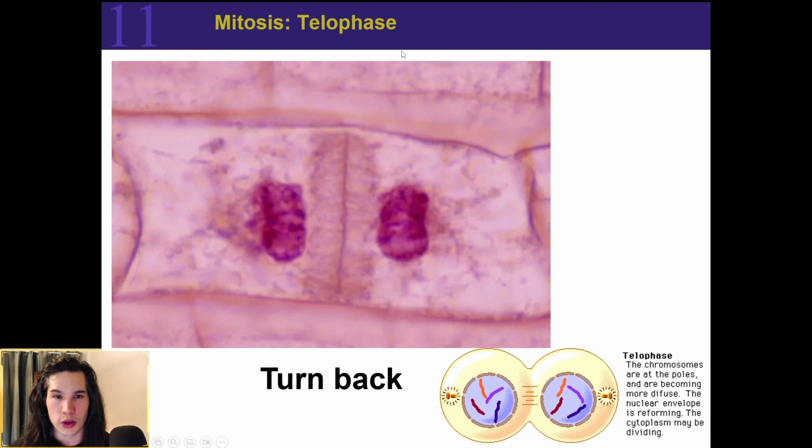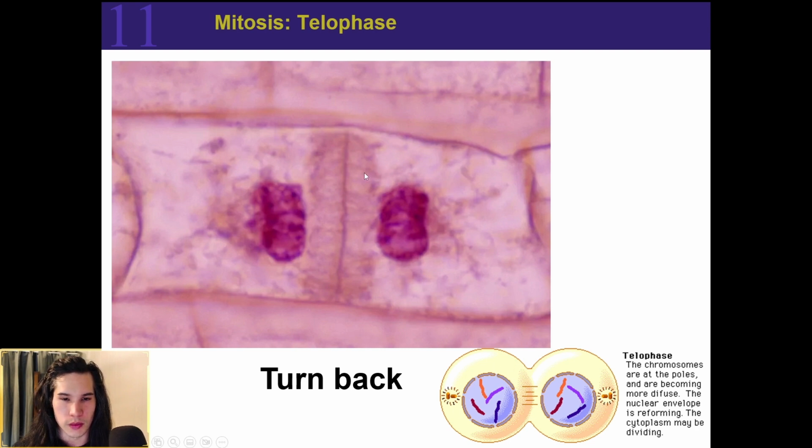All right, so first we had prophase, then we had metaphase, and then we had anaphase, which moved things apart, and then lastly, within mitotic phase, we have telophase. I like to associate the T in telophase with turn back, because what happens is your chromosomes begin to decondense or become more diffuse, and your nuclear envelope will begin to reestablish itself.